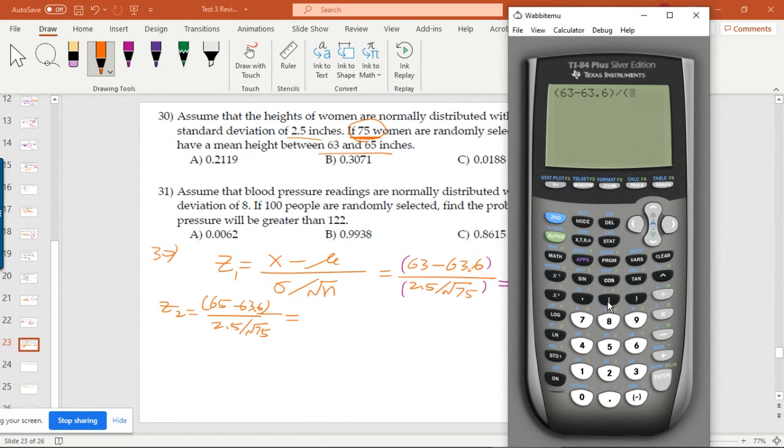One thing is if you want to calculate everything together, the denominator needs a parenthesis as well. If you round to 2 decimal points, this will give you negative 2.08 because you have to round this one up.